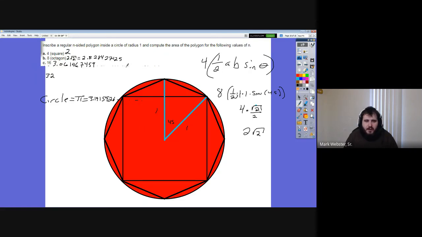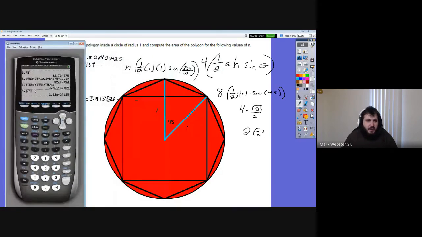So we can think about it like there's n sides times 1/2 times 1 times 1 times the sine of 360 over n, right? That's what we're working with.